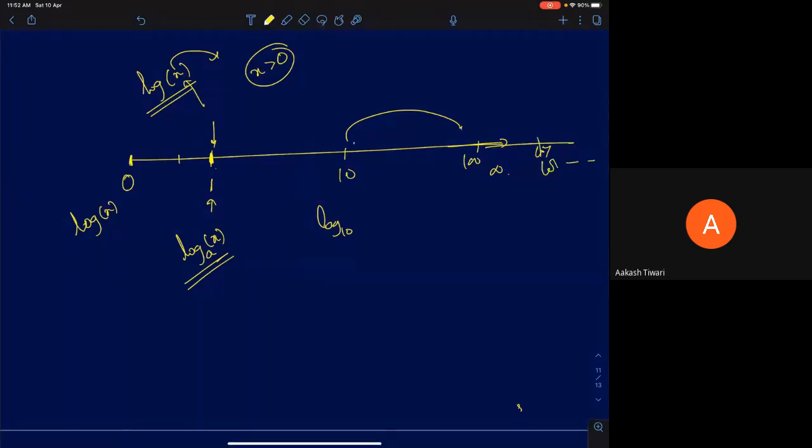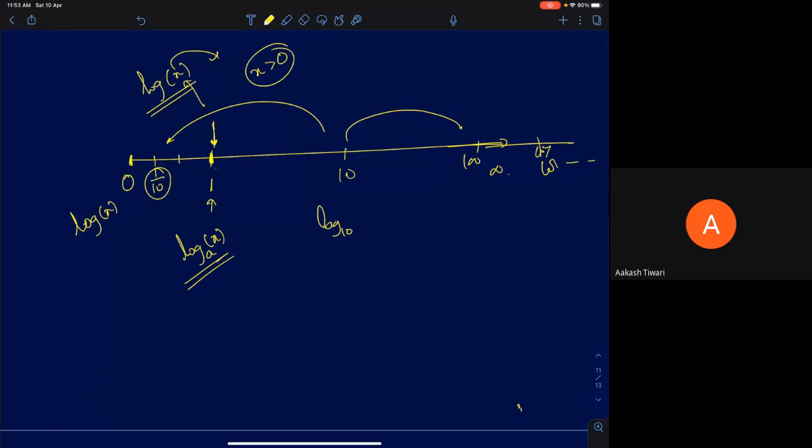Now remember, for every 10, I can find a corresponding value which is equal to 1 by 10 here. So there is a 1-to-1 mapping. If I start from 1 and advance towards infinity, I jump from 1, 10, 10 square, 10 cube and so on.